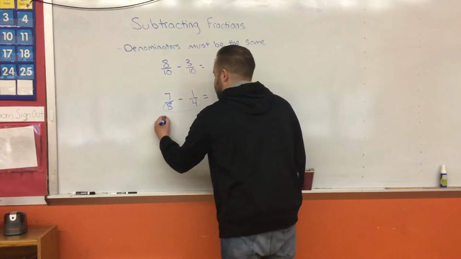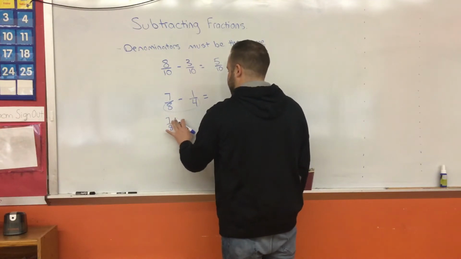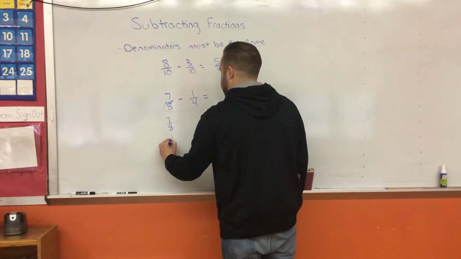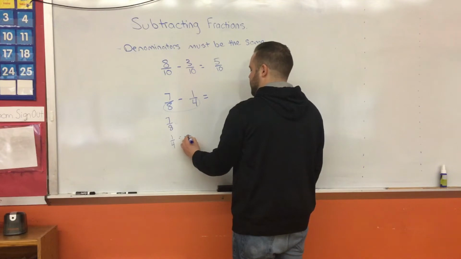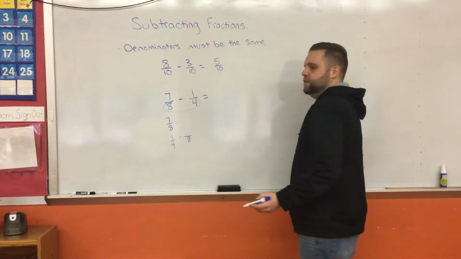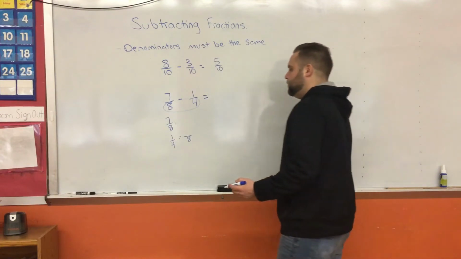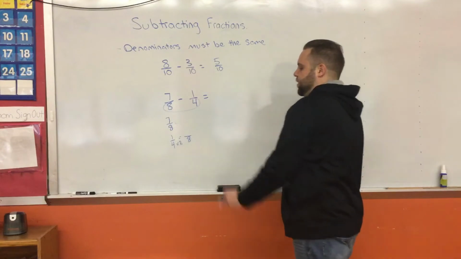The 7/8 is staying the same, and then it's 1/4, but I want it to equal eighths. How can I go from 4 to 8? Times 2. You know that we can get from 4 to 8 by doing times 2.